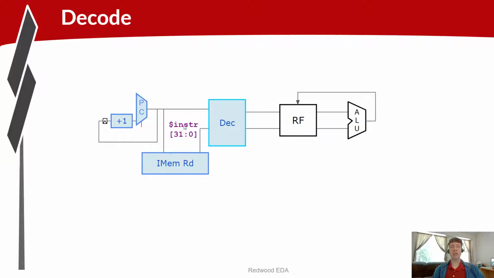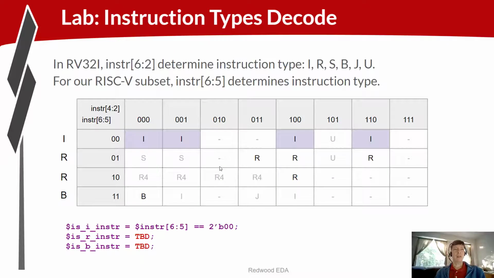So you're given this instruction signal that's 32 bits, and we have a couple labs for you to do to decode that instruction. So a couple different labs involving instruction decode. The first lab is to decode the instruction type.